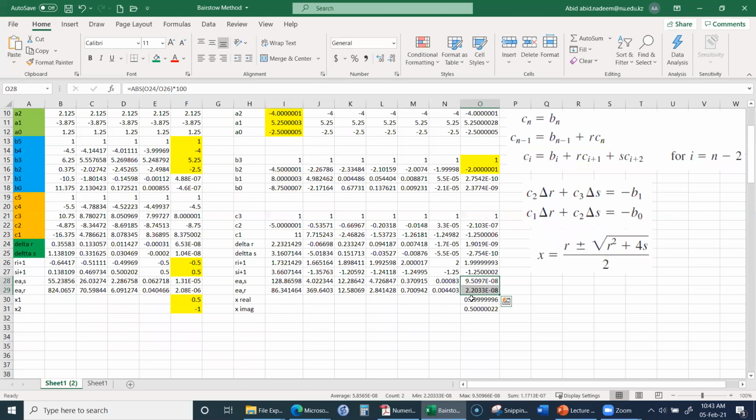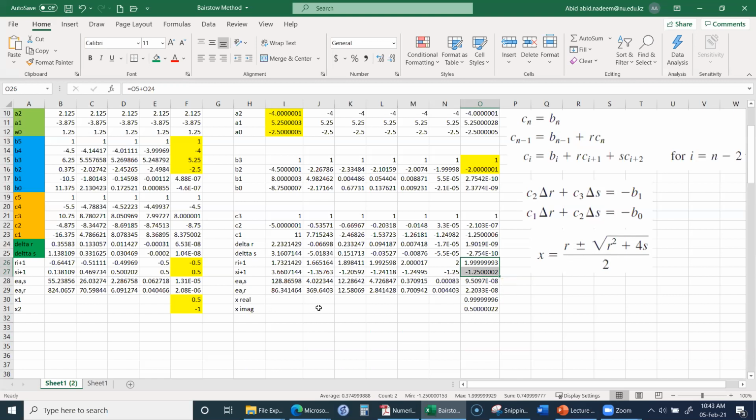From this, the R value is 1.999, which is almost 2, and the value of S is minus 1.2500. From these two values, we find that the discriminant R square plus 4S is a negative term.